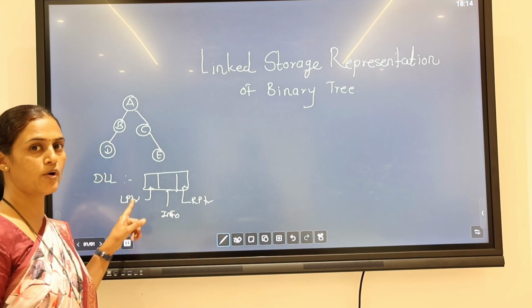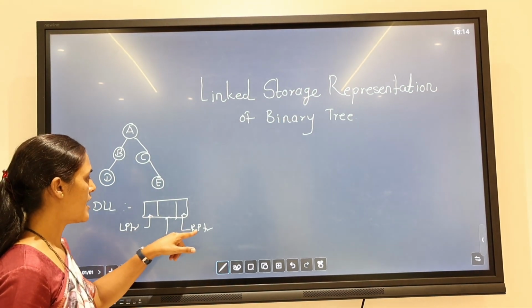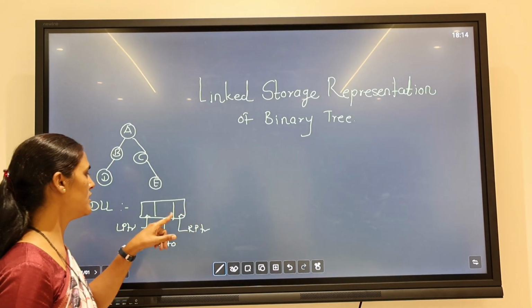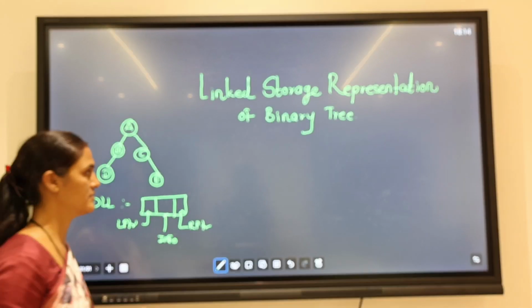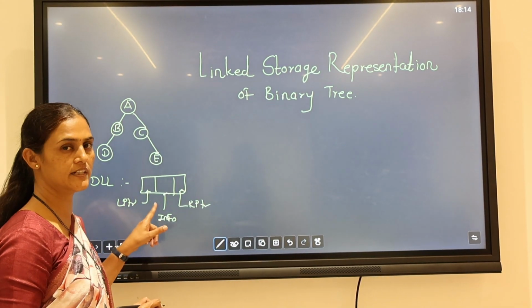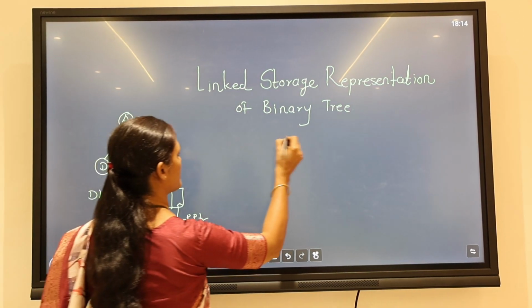Here L pointer stores address of the left subtree, R pointer stores address of the right subtree or address of the right child. In this way, we can use DLL to represent this binary tree.